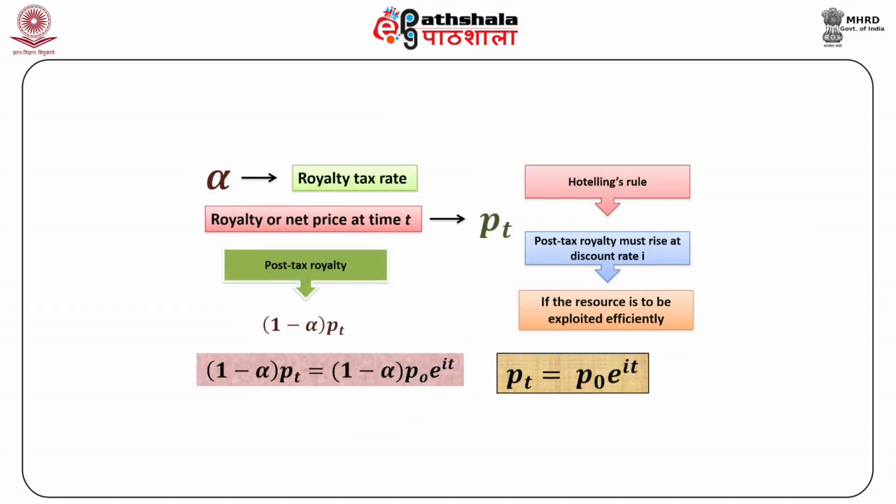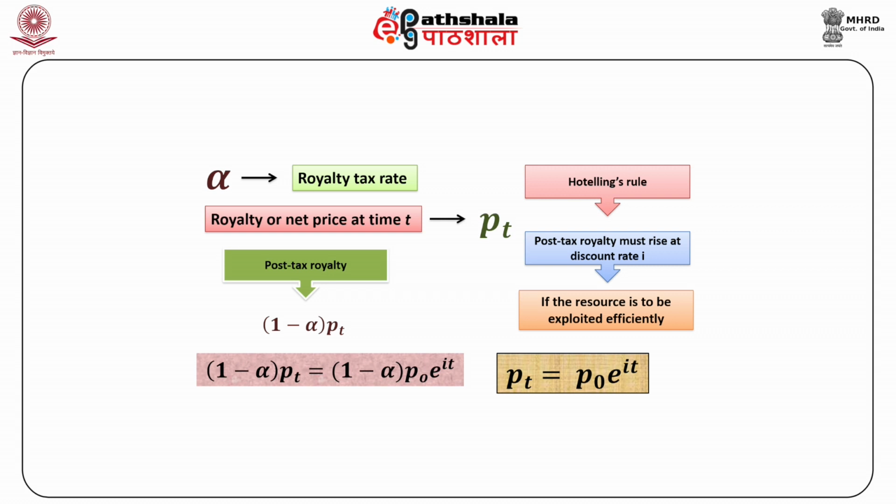Define alpha to be a royalty tax rate and denote the royalty or net price at time t by Pt. Then the post-tax royalty becomes (1 − α)Pt. But Hotelling's rule implies that the post-tax royalty must rise at the discount rate i if the resource is to be exploited efficiently.